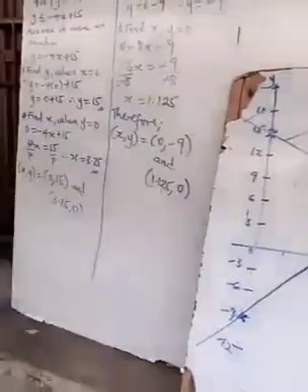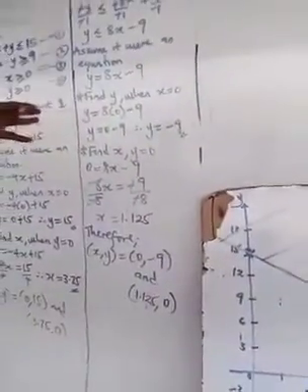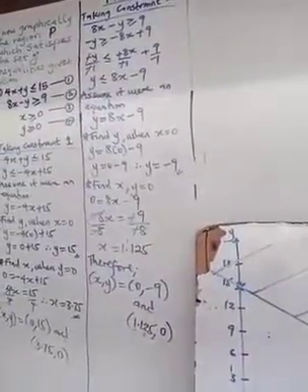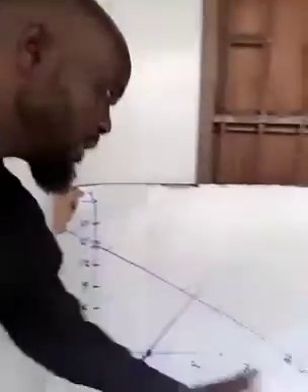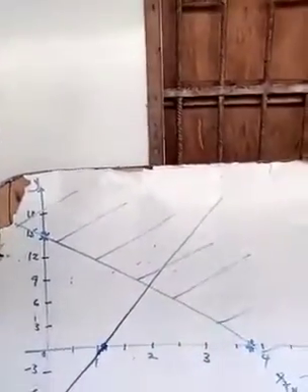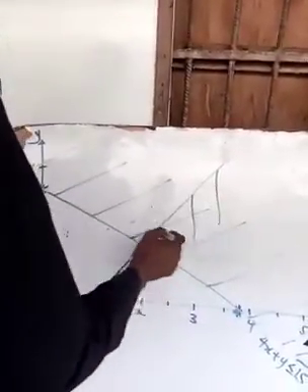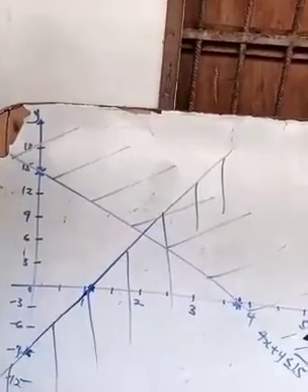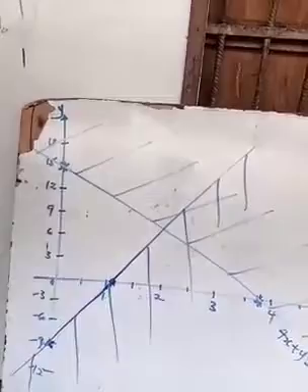According to this, it has changed to less than. Less than means below the line, so we are shading the part below the line for this one. Let me see that.